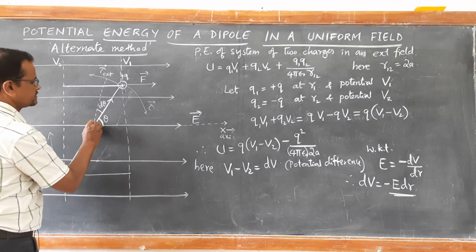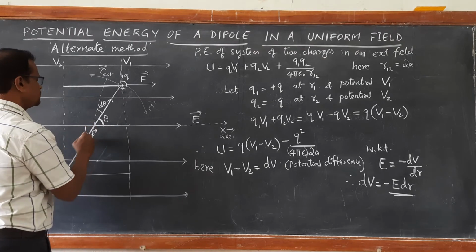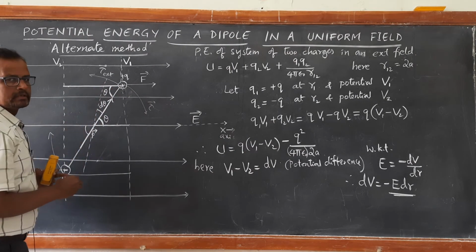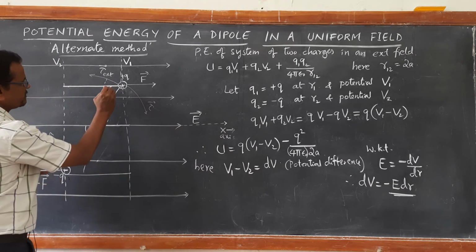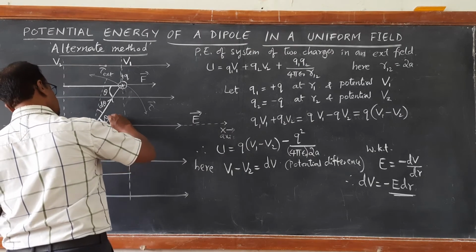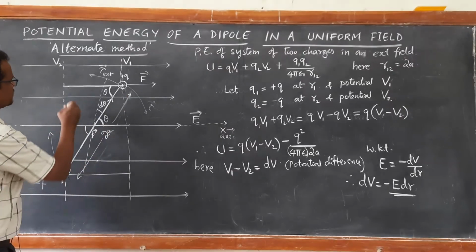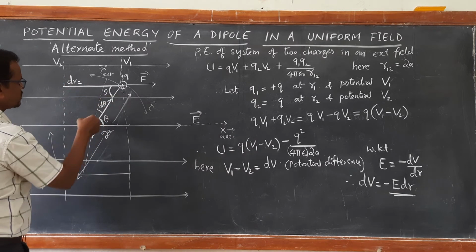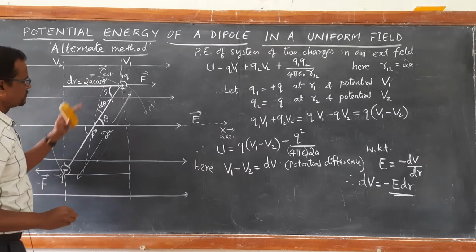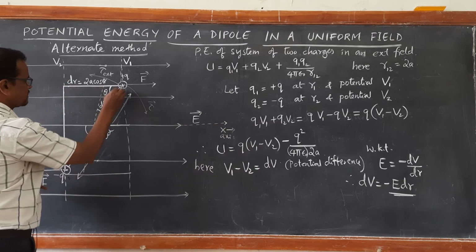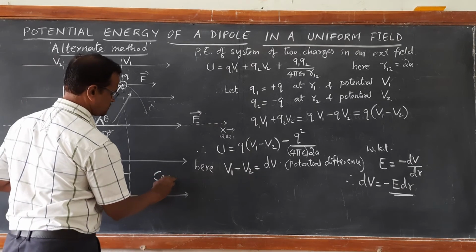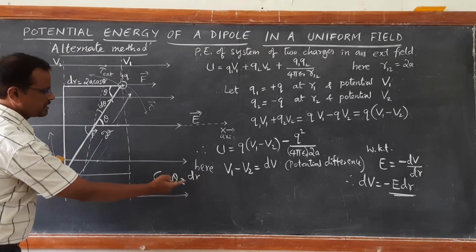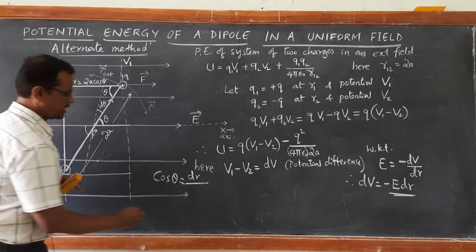The angle of orientation here is theta, and since alternate interior angles are equal, this angle is also theta. The dipole length is 2a, so we can find dr. From this right angle triangle, cos theta equals the side length, r2 minus r1, which is dr, divided by the hypotenuse 2a.